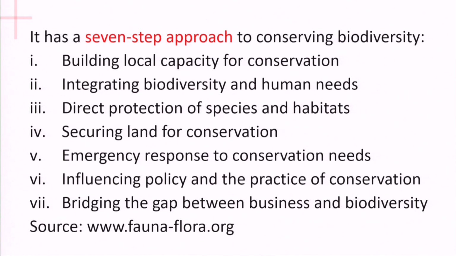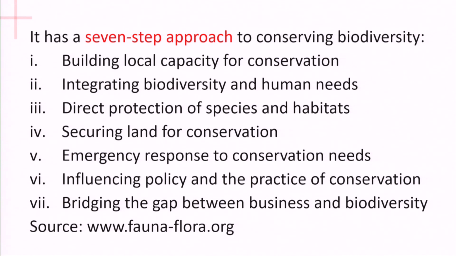It has a 7-step approach to conserving biodiversity. One is building local capacity for conservation, two is integrating biodiversity and human needs, three is direct protection of species and habitats, four is securing land for conservation, five is emergency response to any conservation needs, six is influencing the policy and practice of conservation, and seven is bridging the gap between business and biodiversity.